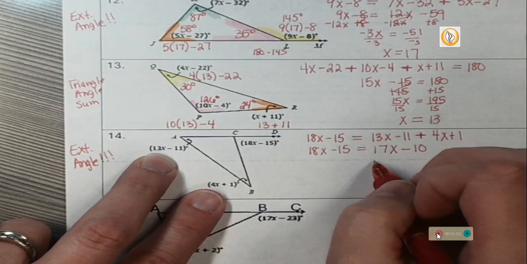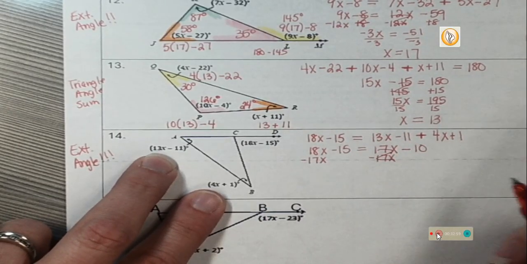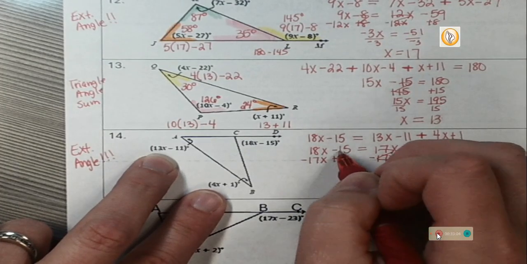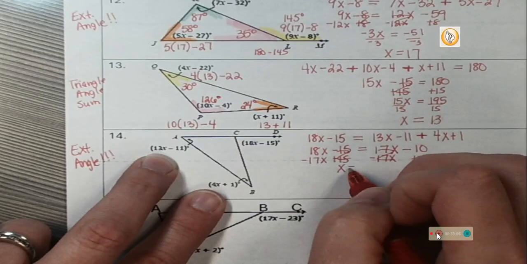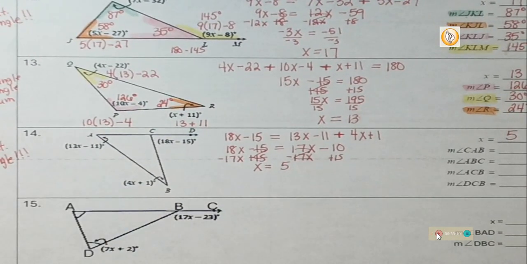So that then I can solve. I'm going to minus 17x. Inverses cancel. Inverse of negative 15 is to add 15. Inverses cancel. x equals 5. Okay, so my x is 5.